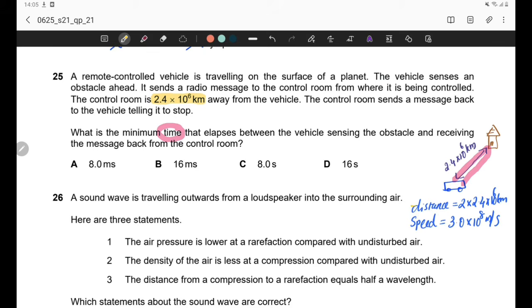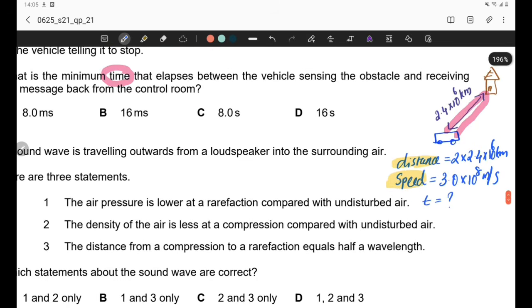If we have distance and speed, we can calculate the time taken using the equation distance is equal to speed times time, or basically from the equation speed is distance over time. From this, in order to calculate time, we can make time the subject. So we will get time is equal to distance over speed.